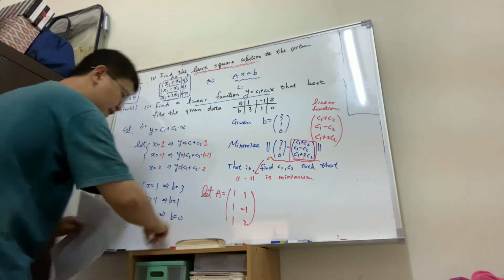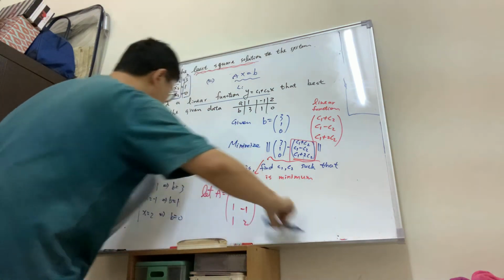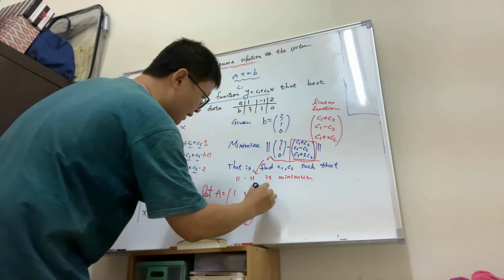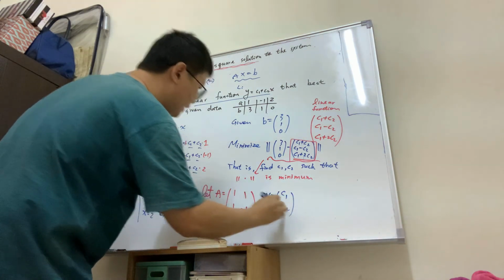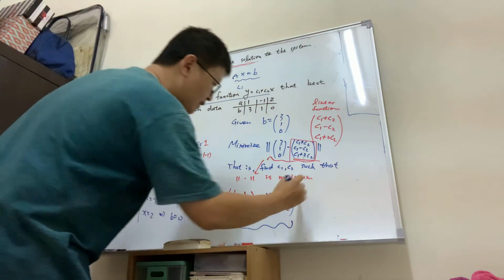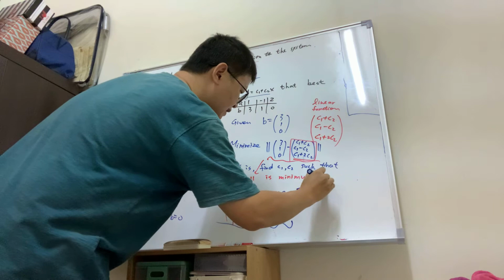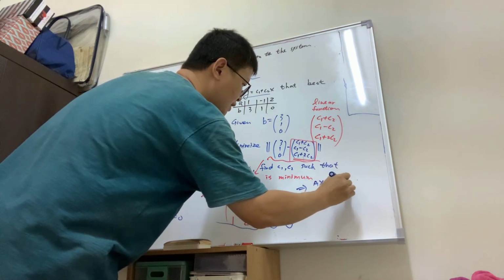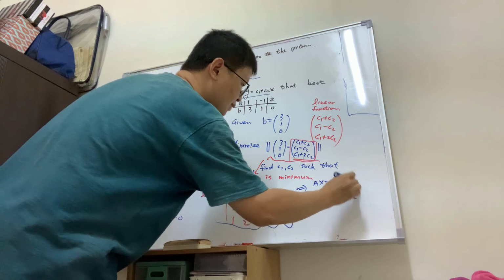Both have c1 and c2, and we let x be c1, c2. Then their product Ax is c1 plus c2, c1 subtract c2, c1 plus 2c2, right?